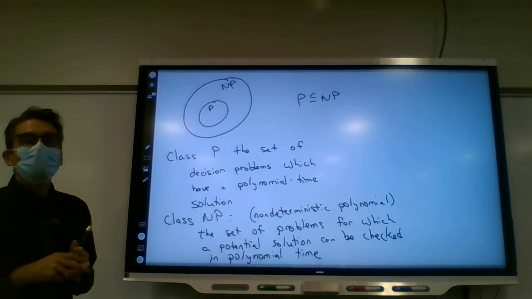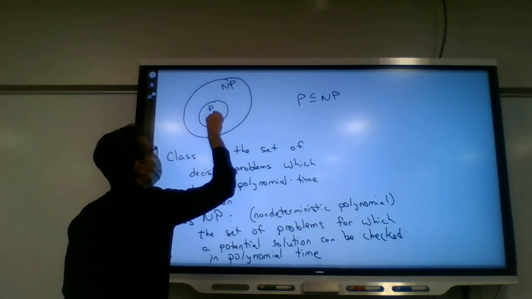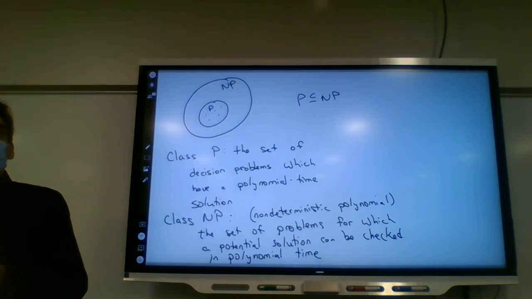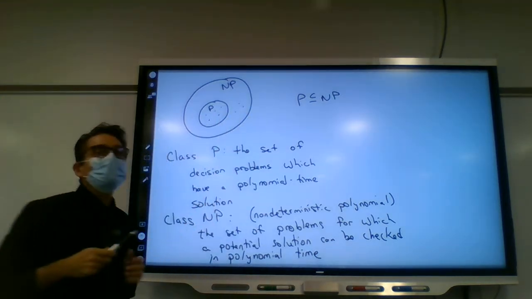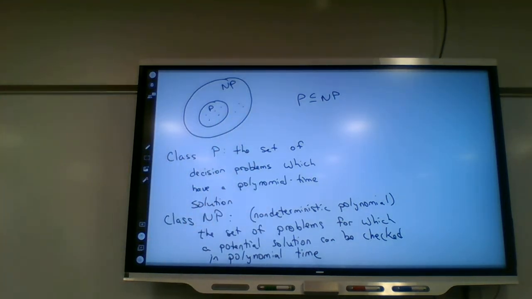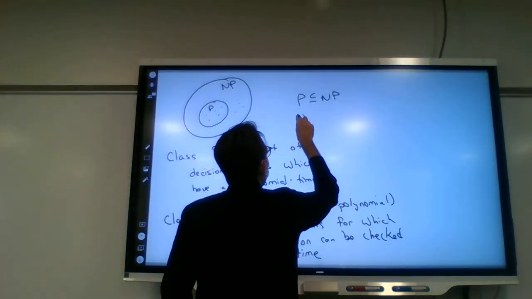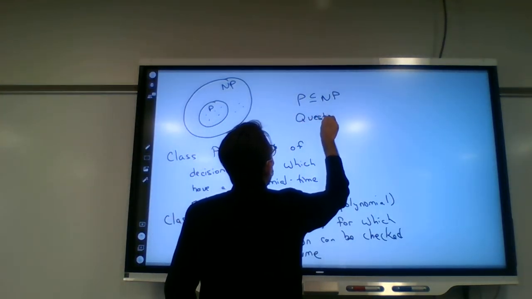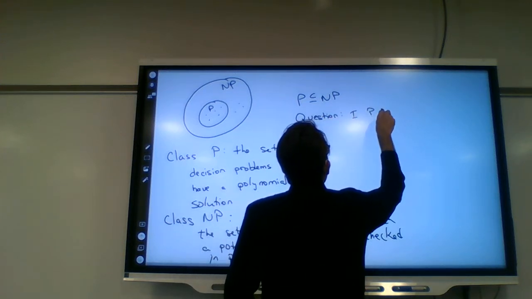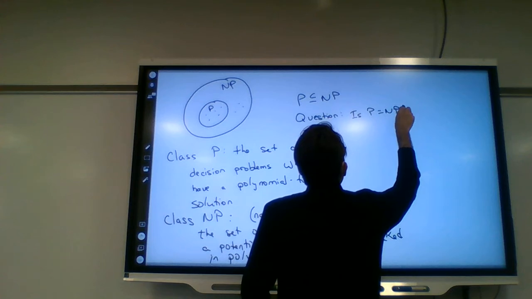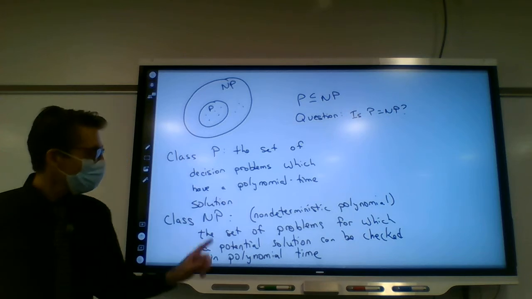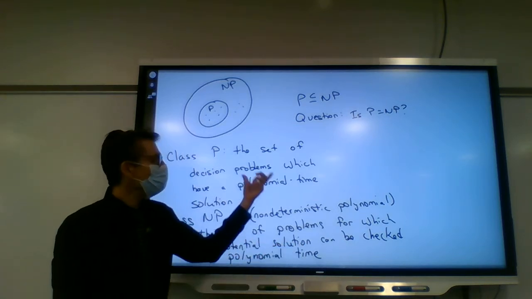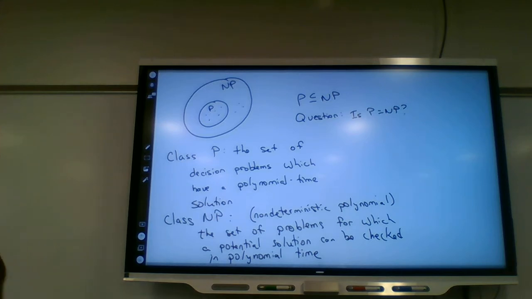The bigger question is this. We know there are certain problems in here, sorting, Euler tour, a whole bunch of other things we know for sure are in here. Are there things out here? So the bigger question is, if you can check an answer quickly, is it always possible to solve the original problem quickly?